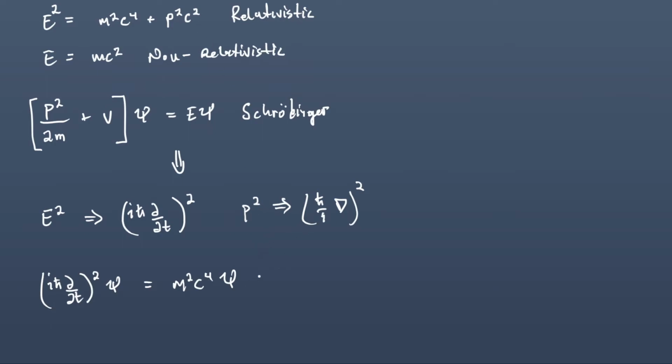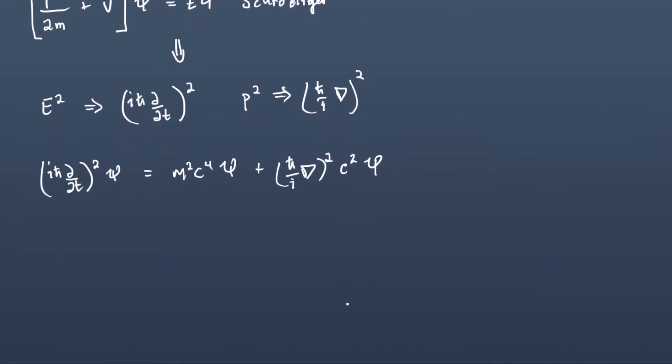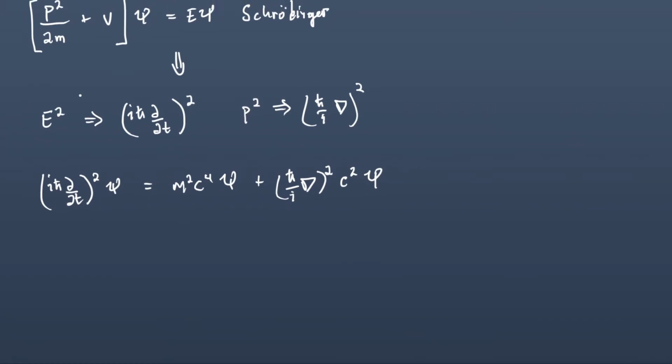Momentum squared is this, so we have (ħ over i) squared times c squared times phi. So this is our relativistic energy in combination with our momentum and energy operators. This arrow might be a little bit confusing, because here we have E equals this, and here we have E squared.